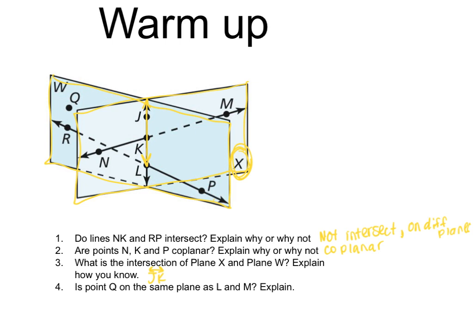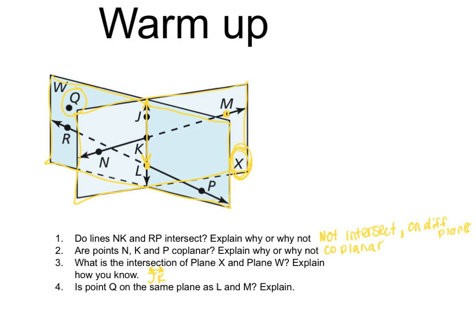And is point Q on the same plane as L and M? Point Q is all the way over here. Is that on the same line as L and M? No. Oh, on the same plane, sorry. On the same plane as points L and M? No, because M is on plane X, L is also on plane X, so Q is not on the same plane.